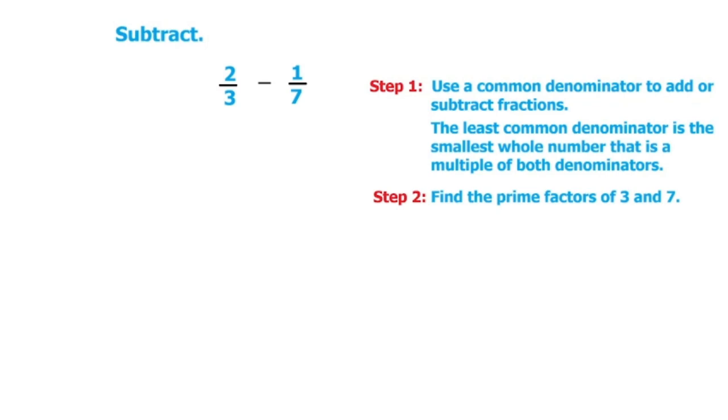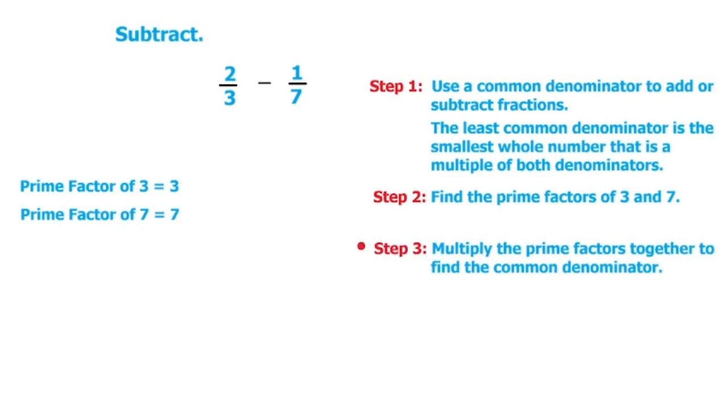So for example, the number 3 is only divisible by 1 or 3 or itself. 7 is the same. You can only divide 7 by 1 or 7. That's it. You can't further decompose it. So actually, the prime factor of 3 is 3 and the prime factor of 7 is 7.